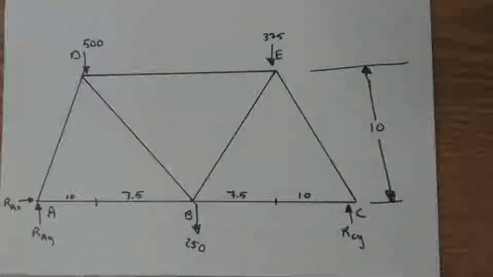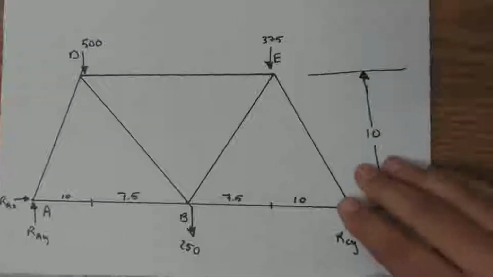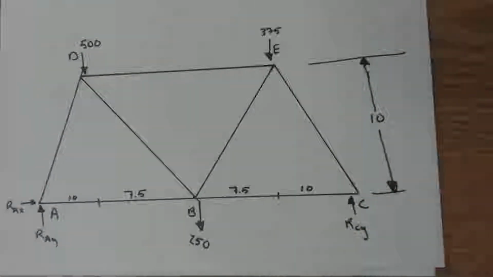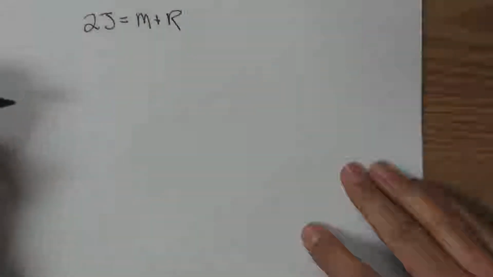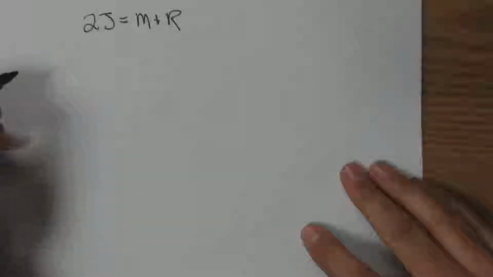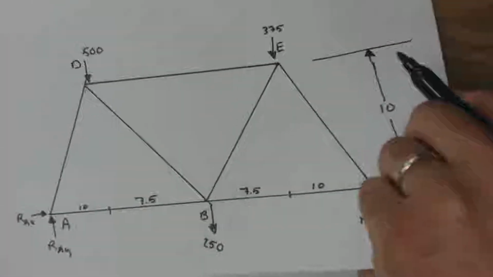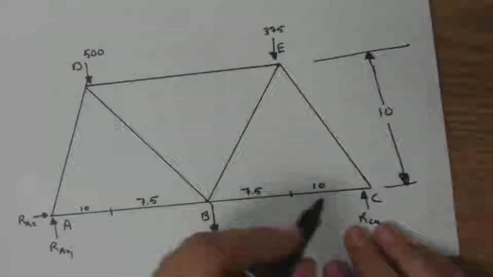Alright, so we first go through this by trying to figure out if the whole problem is statically determinate. So I determine if it's statically determinate by using this formula: 2 times the number of my joints equals my members plus my reaction forces. So how many joints do I have? I have one at each of these letters.